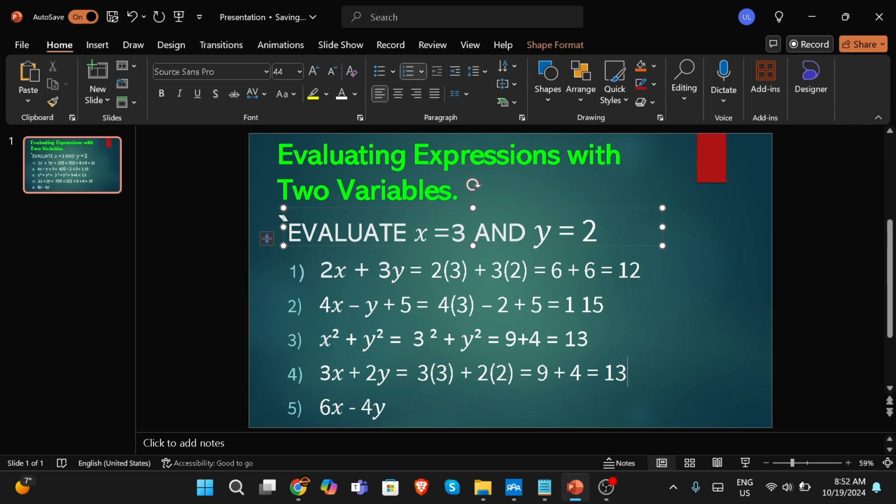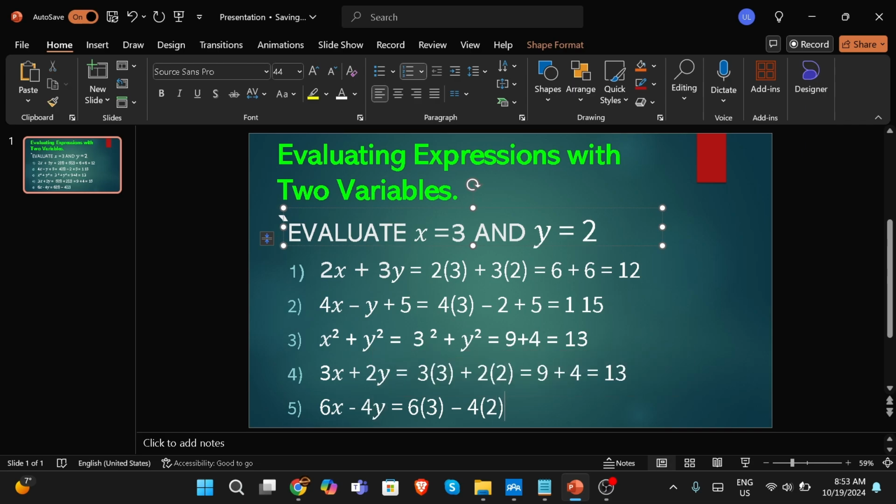All right, now let's proceed to our last but not least, fifth question: 6x minus 4y. So 6x is 6 inside of the parentheses 3, minus 4, and then we're going to use the variable y, which is 2.